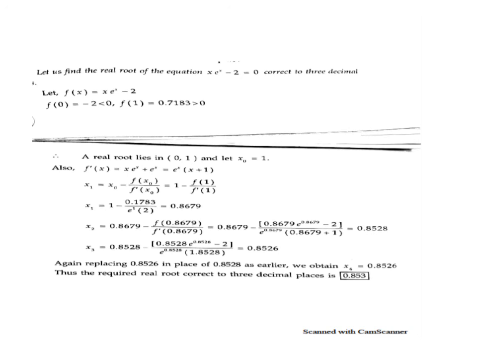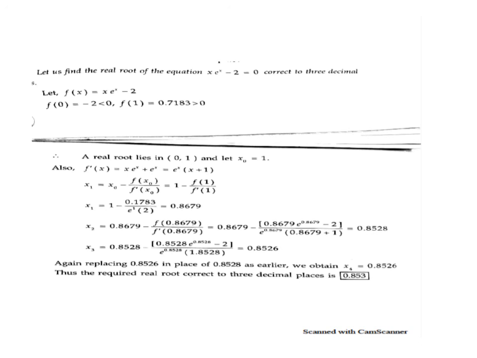The function is x e^x − 2, so it is 0.8679 times e^0.8679 minus 2, divided by e^0.8679 times (0.8679 + 1). On simplification, we obtain the value as 0.8528.